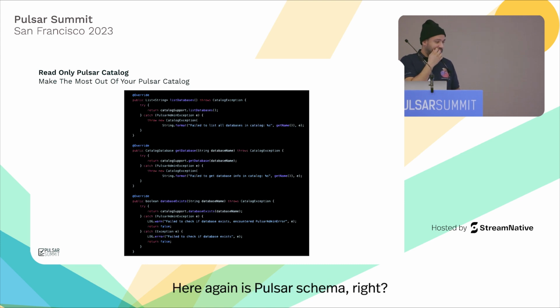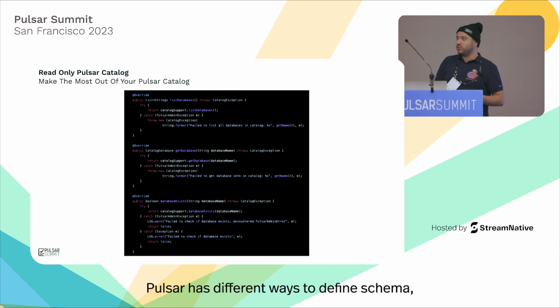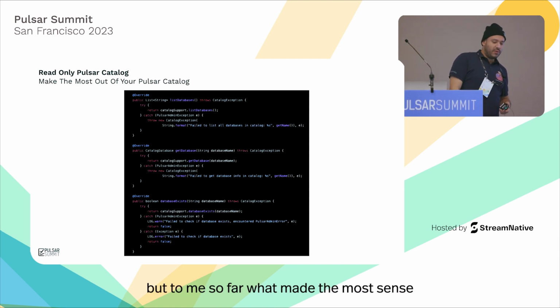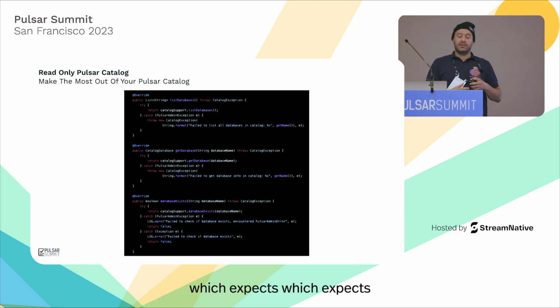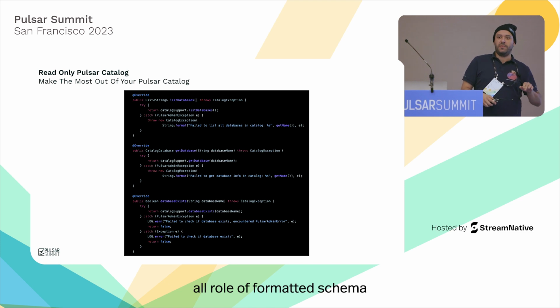And the cool stuff here, again, is the Pulsar schema, right? Pulsar has different ways to define a schema, but to me, so far, what made the most sense is to use the JSON schema, which expects an overall formatted schema, even though it is JSON.